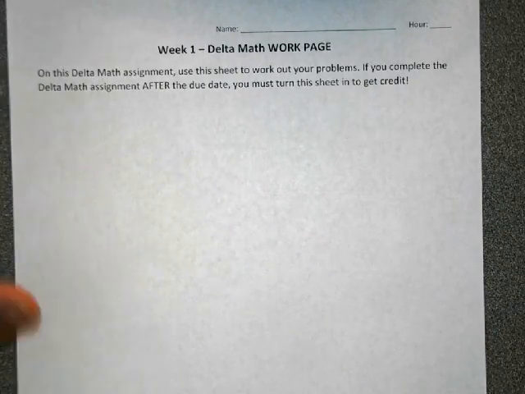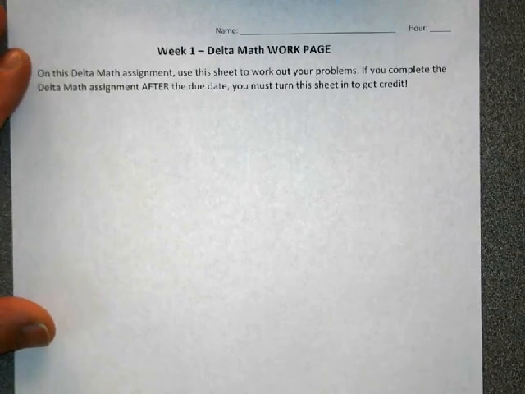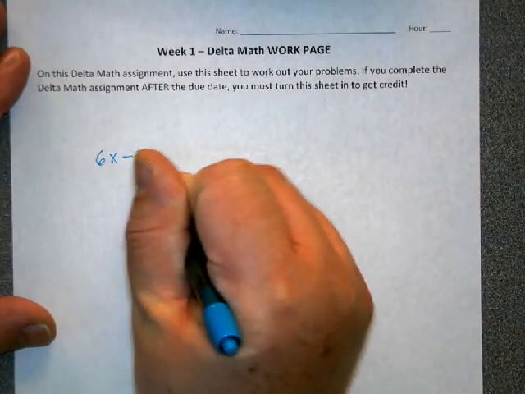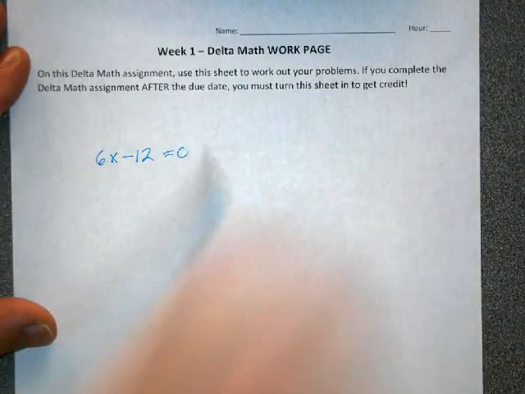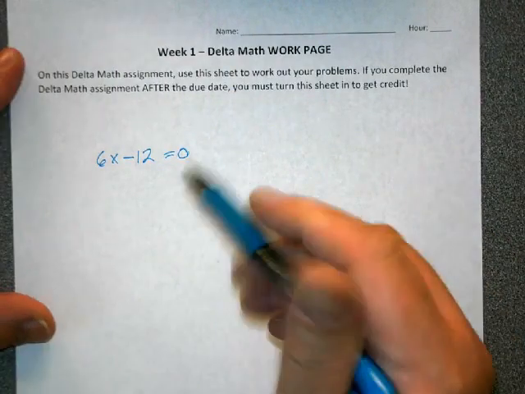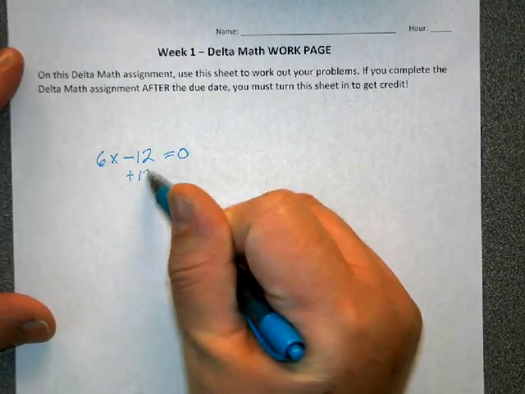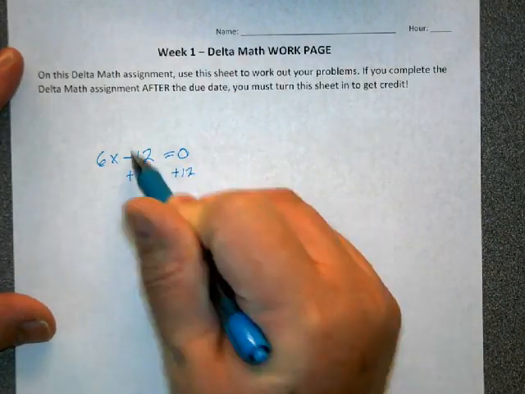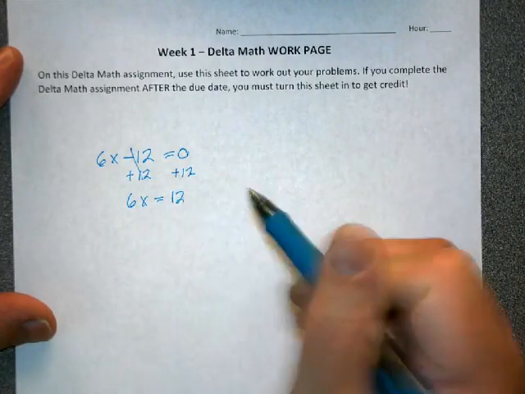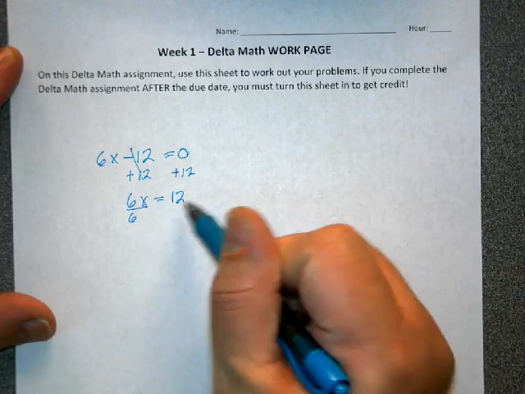So all you have to do here is take the denominator, which is 6x minus 12, right? Set it equal to 0. And then solve for x. So I'm going to add 12 to both sides. I get 6x equal 12. Divide by 6.